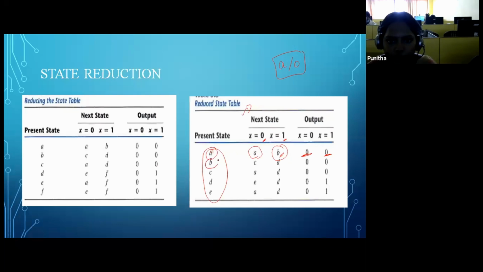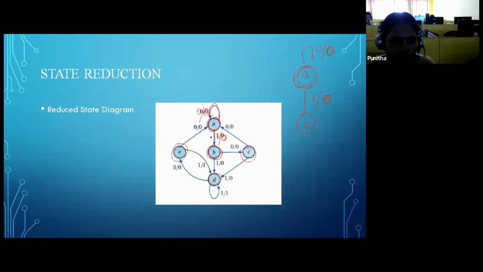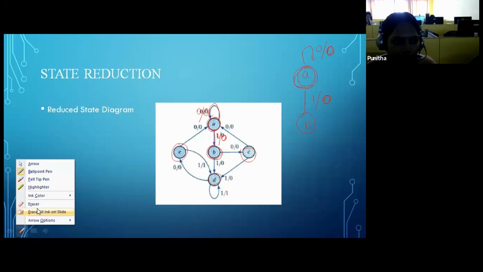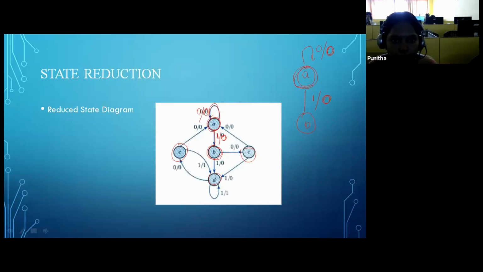Next let's look at the B state. For B, x equal to 0 means I'm getting the C state, and the output is 0. C 0 I need to get. For the input 0, the next state is C and the output is 0.